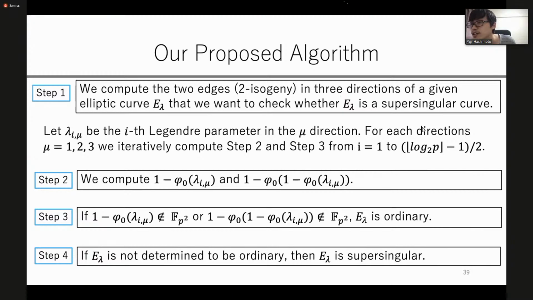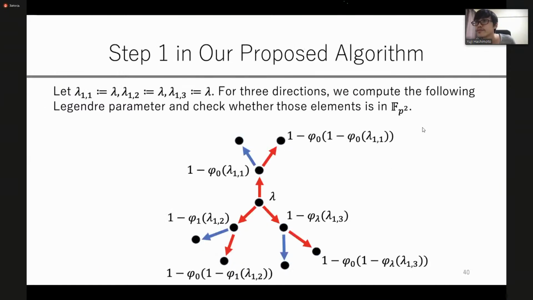Step 4, if lambda is not determined to be ordinary, then lambda is supersingular. Let lambda 1 1 equal defined lambda. For this condition for 3 directions, we compute the following Legendre parameter and check whether this element is in Fp square.